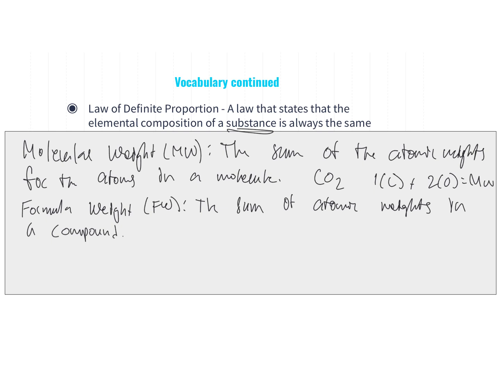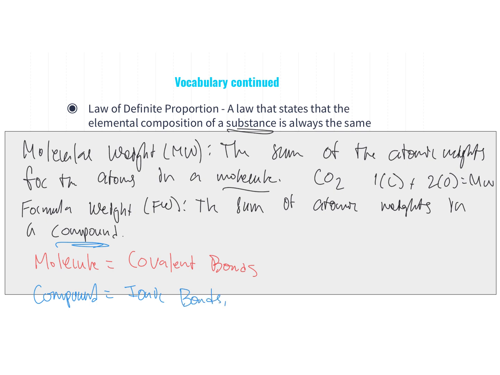Now, you may be questioning what's the difference between a molecule and a compound. We must remember that in a molecule, we only have covalent bonds, whereas in a compound, we can have ionic bonds as well as covalent.